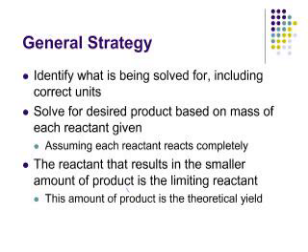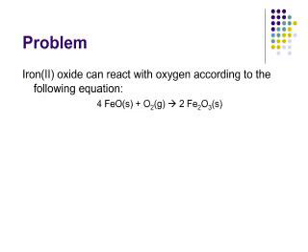And that amount of product is the theoretical yield. So the two calculations together give us the limiting reagent and the theoretical yield. We can talk about the strategy until the cows come home, but we really need to do a full problem, and that's really going to be the core of the rest of this podcast.